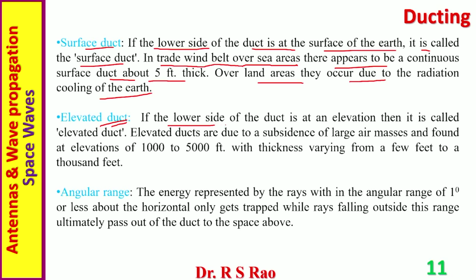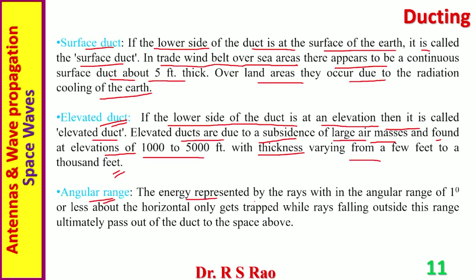If the lower side of the duct is at an elevation, at a height, then it is called an elevated duct. Elevated ducts are due to subsidence of large air masses and are found at elevations of 1000 to 5000 feet, with the thickness varying from a very few feet to 1000 feet. Now, angular range.